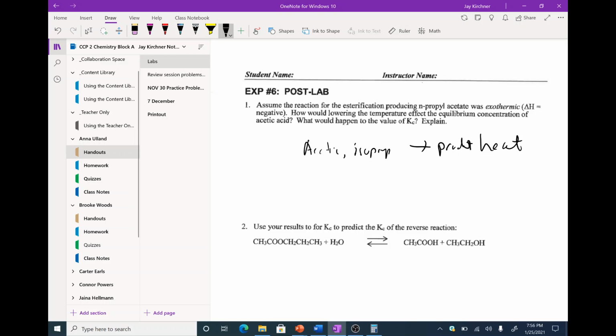If we lower the temperature, it would actually push it this way, wouldn't it? So if you take away heat by lowering the temperature, the reaction would go further right, to replace lost heat.